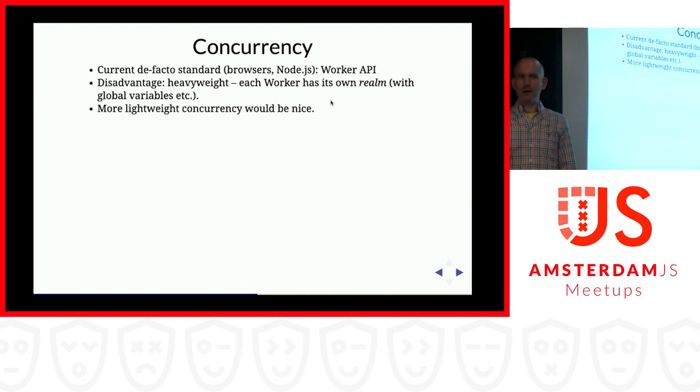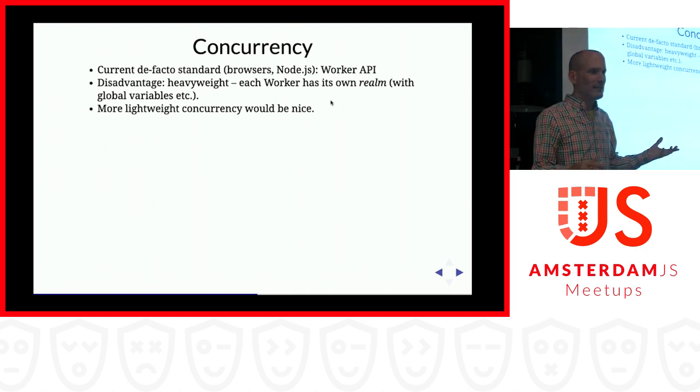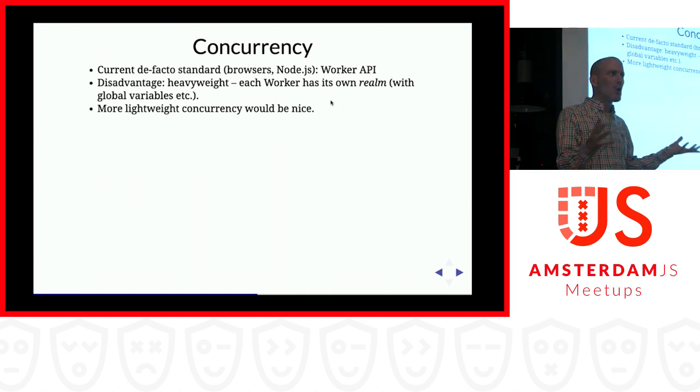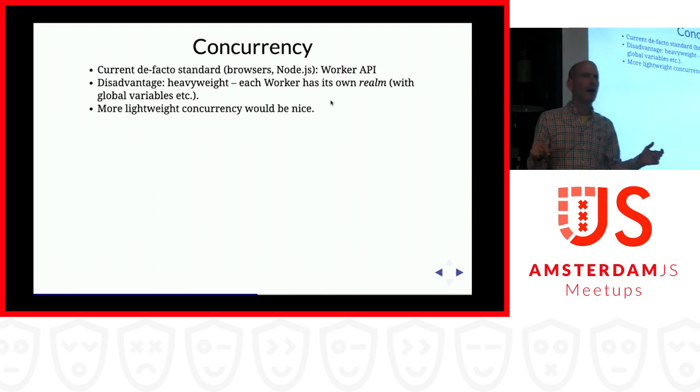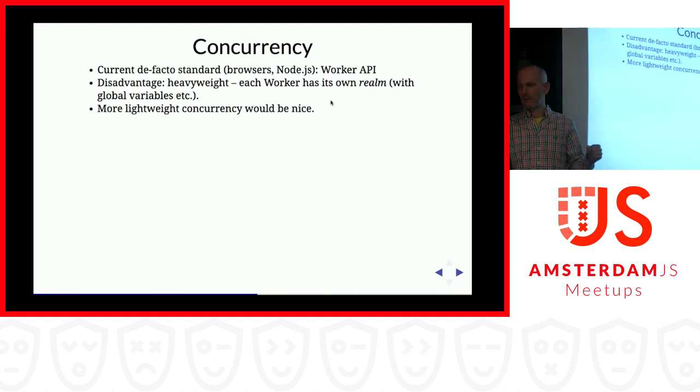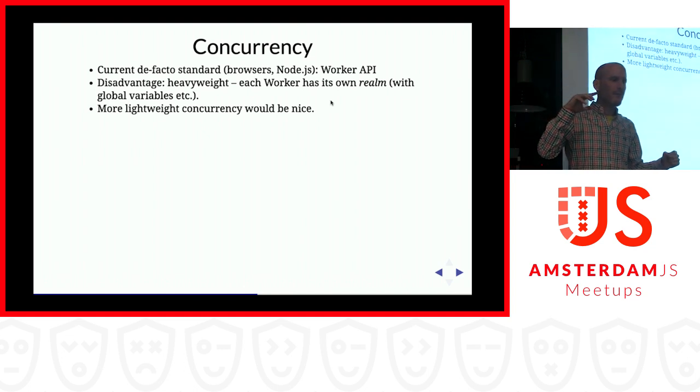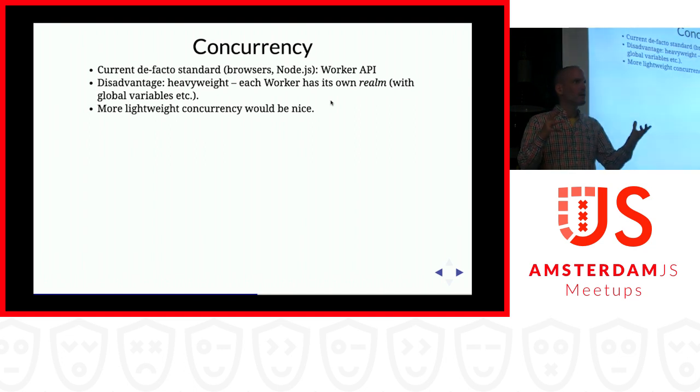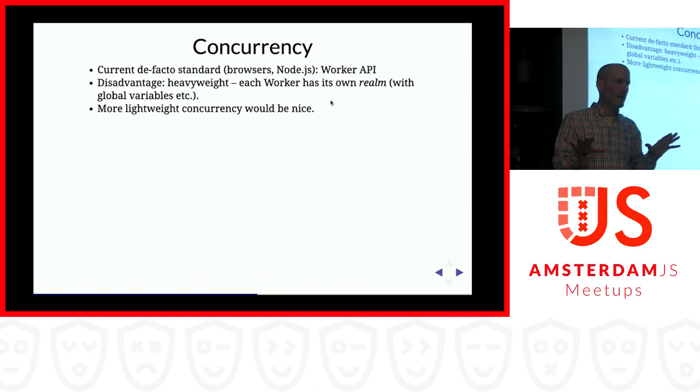So workers are now standard, more or less the same in Node.js and in web browsers. But the problem with workers is that they're relatively heavyweight. Whenever you start a worker, it comes with its own global variable, so it's not very lightweight. So if you want to start a lot of threads, you can't do that.